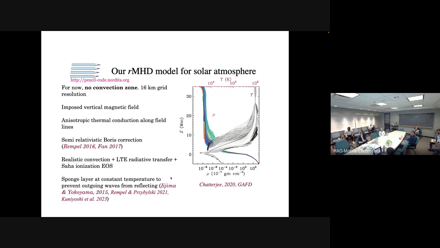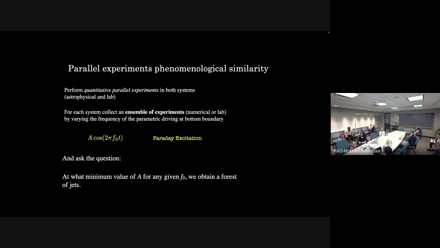The job of that sponge layer is to prevent the outgoing waves from reflecting back into the corona. This also has been done before and after us by these authors here. And a detailed description of the model can be found in this paper here. And we basically use this atmosphere. So this is for now in two dimensions.